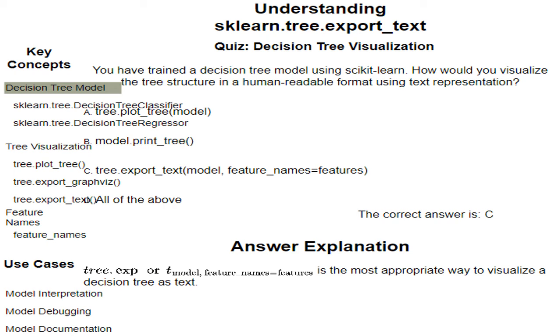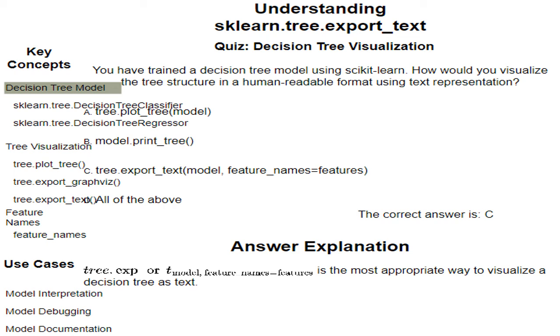From graphviz import Source. import pandas as pd. iris = load_iris(). X = iris.data. y = iris.target. dt = DecisionTreeClassifier(random_state=42). dt.fit(X, y). dot_data = export_graphviz(dt, out_file=None, feature_names=iris.feature_names, class_names=iris.target_names, filled=True, rounded=True, special_characters=True). graph = Source(dot_data). graph.